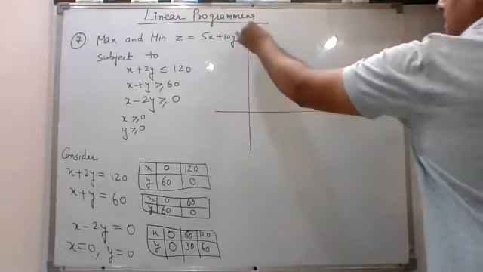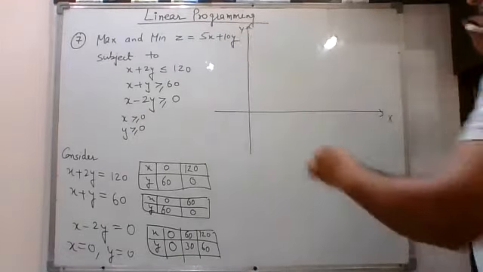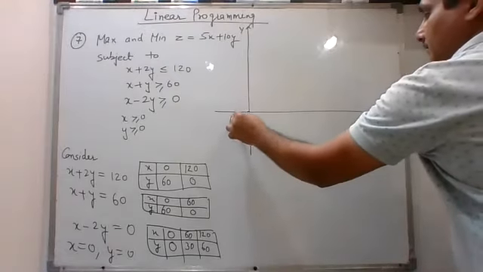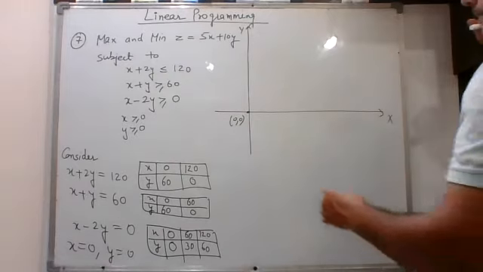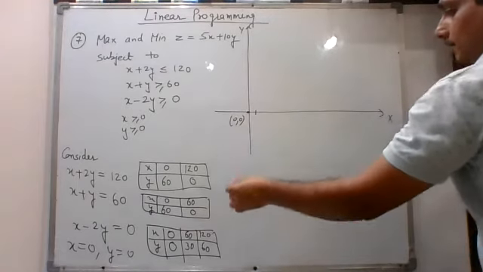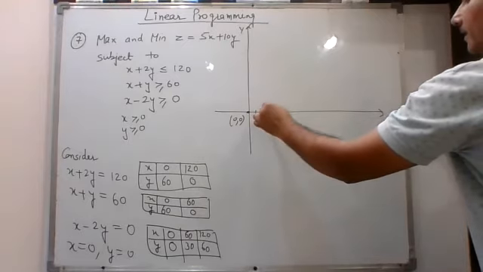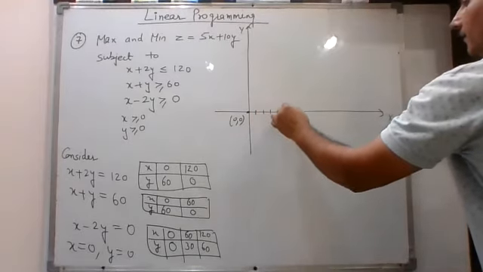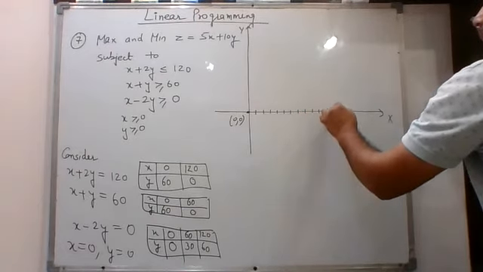So let us assume this is a coordinate axis, this is the x-axis, this one is the y-axis. Our origin is 0, 0. Now, let me take a scale of 10. Up to 120 I have to move, so that means 12 divisions I have to take. So 1, 2, 3, 4, 5, 6, 7, 8, 9, 10, 11, 12.